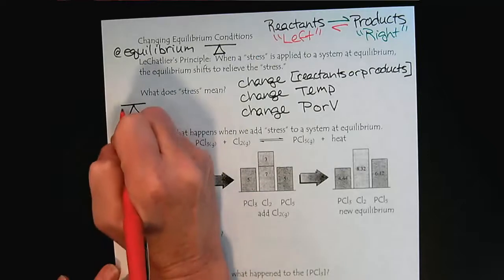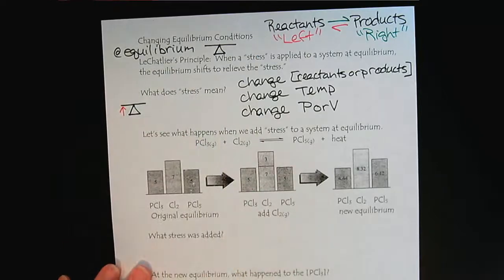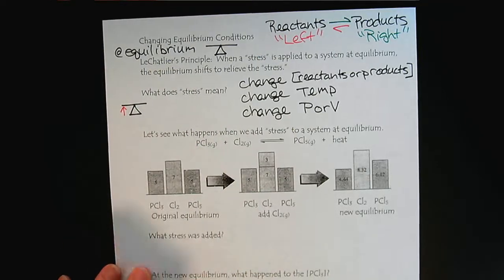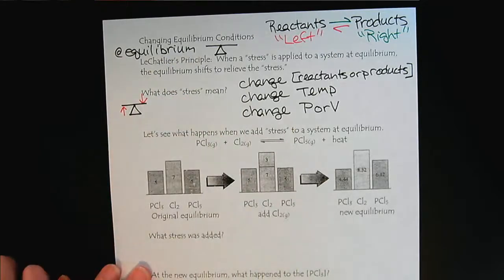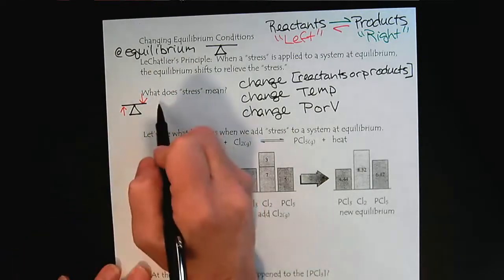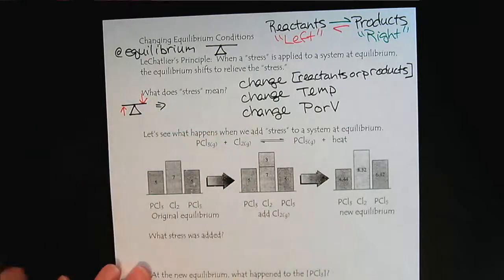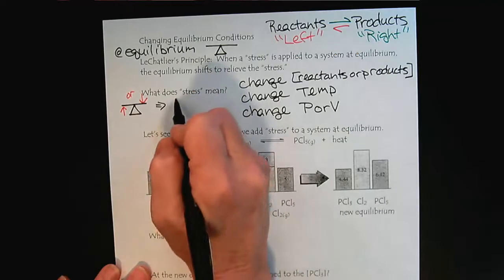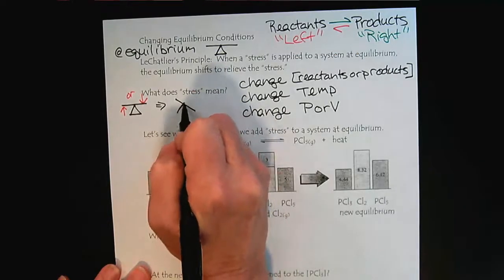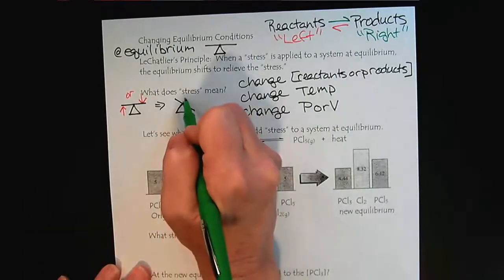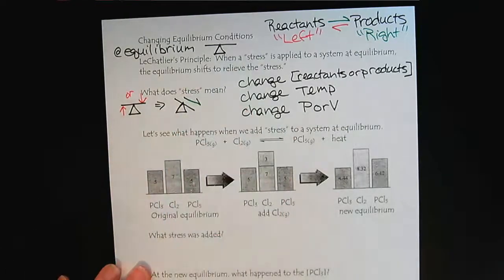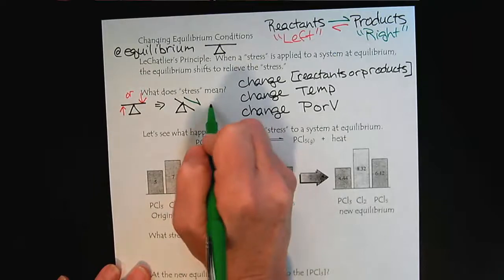We could either increase something on the reactant side, or we could decrease something on the product side. Either one of these stresses is going to cause our teeter-totter to slide to the right. And so that tells us that we are going to shift our equilibrium to the right.